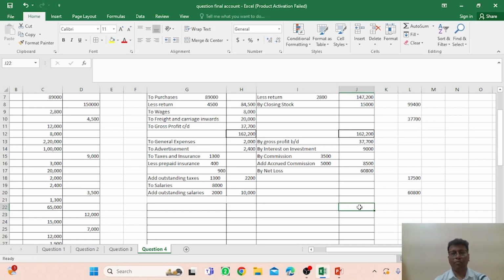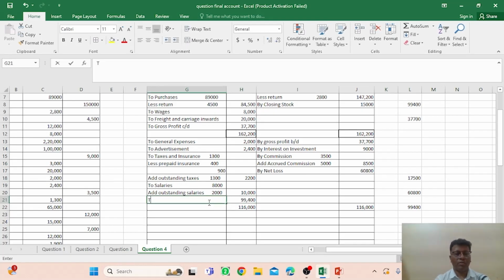And now we take the total of this side, the credit side, in order to calculate the net profit. So this is the figure we should write here, 116,000, and if we take the total of the debit side, that is 16,600. So we have to get the net profit figure, that is 116,000 minus 16,600, and you find 99,400.